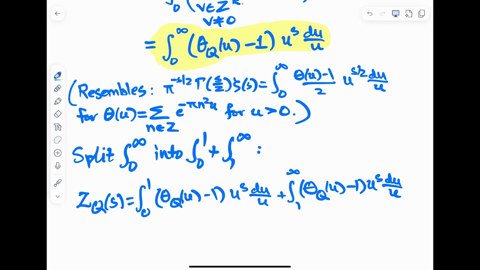And so now the key thing here, just like I said last time, is that this second integral is starting at 1. The subtlety of these integrals is the behavior near u equals 0.